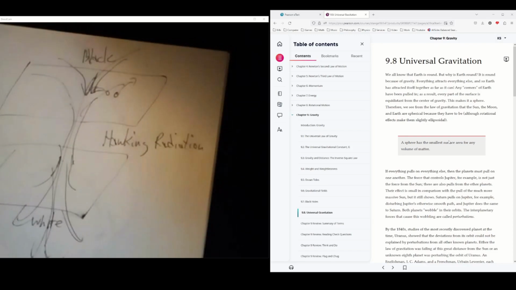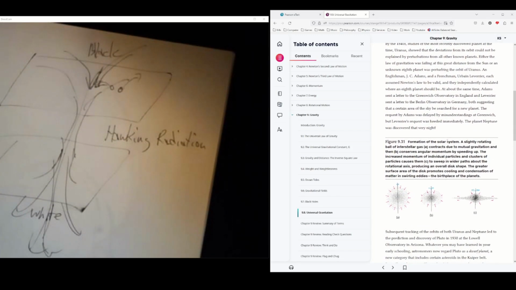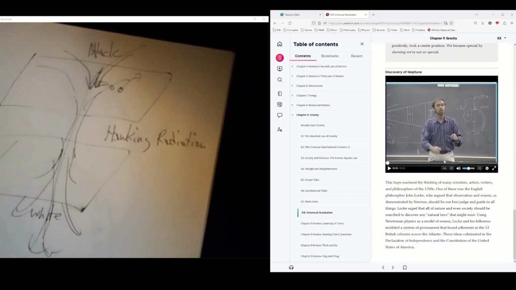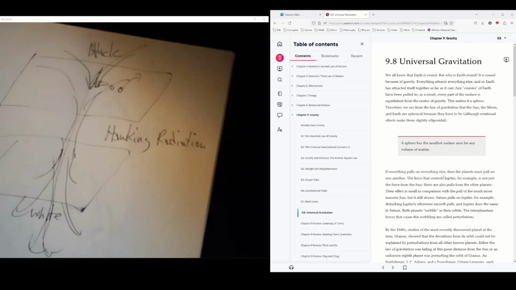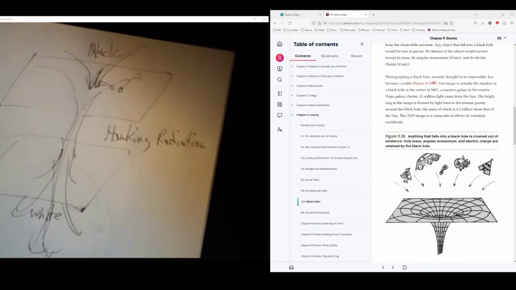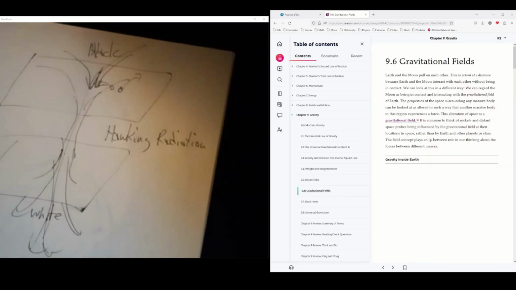Universal gravitation. And I don't know what more there is to say. I know there was one thing more I wanted to say, and I forgot. I missed that scrolling through. I'm just going to scroll really fast.